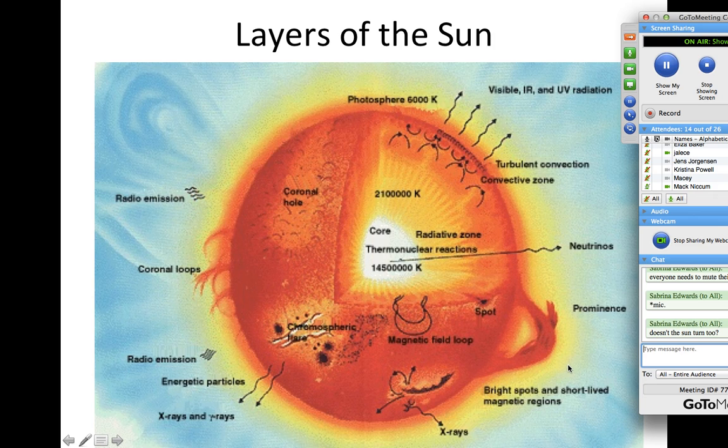Okay? The sun also turns, all right? The plasma at the equator of the sun turns in about 25 days. The plasma at the poles of the sun takes about 30 days.